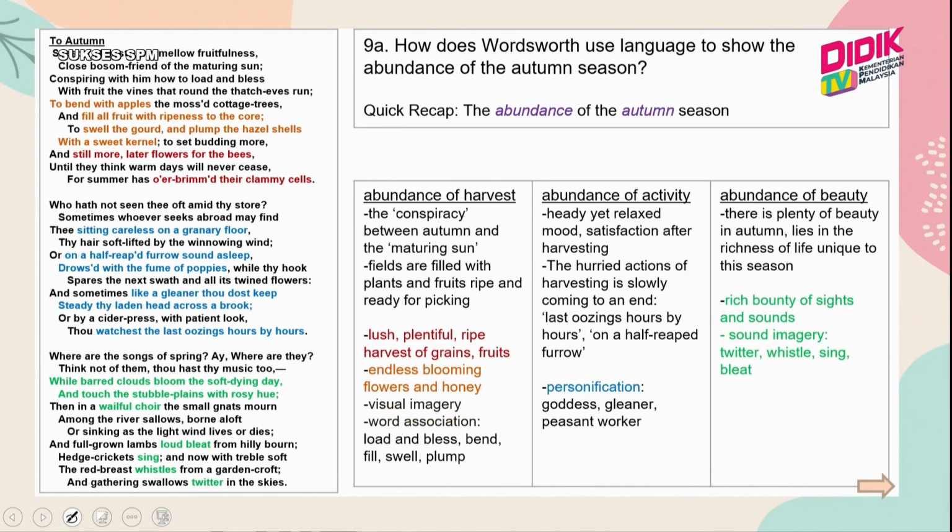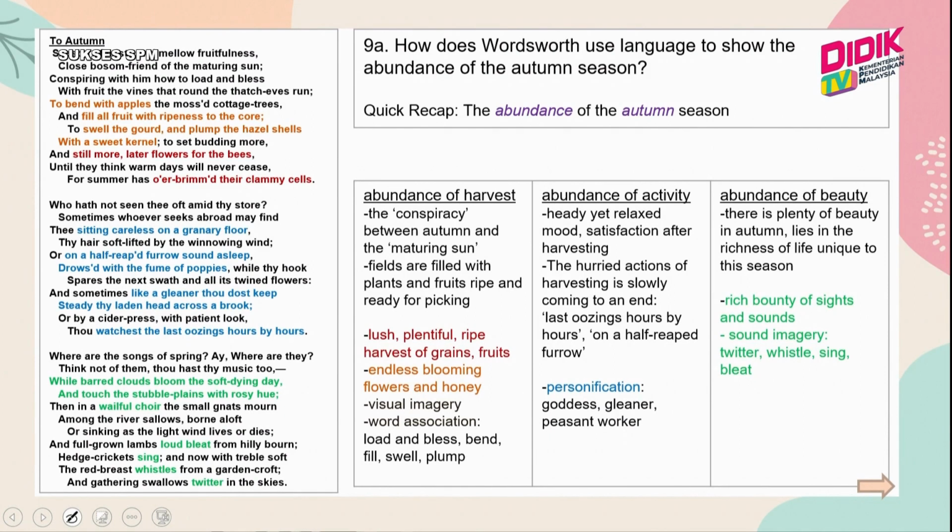And what I've done is I've moved those main ideas into this box here. All right? I'm sure, Hanif, you can see the abundance of the autumn season. What I translated that into would be an abundance of harvest, an abundance of activity, and then an abundance of beauty. That means candidates already know you can't run away from discussing the entire poem.